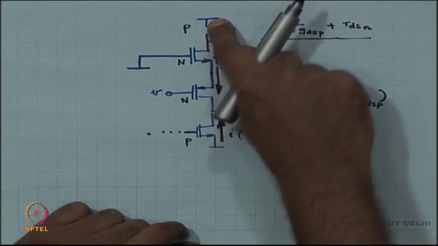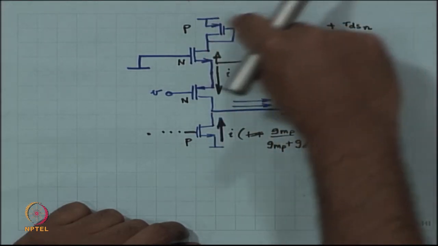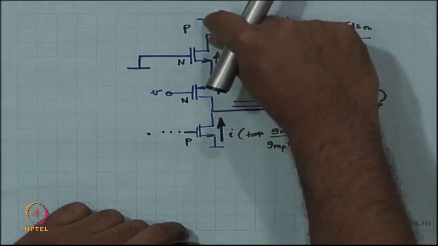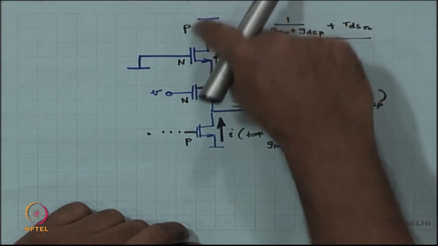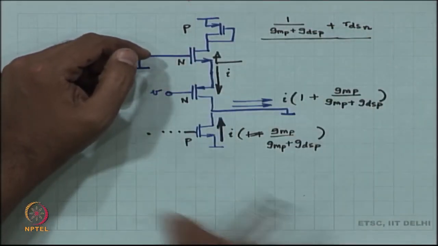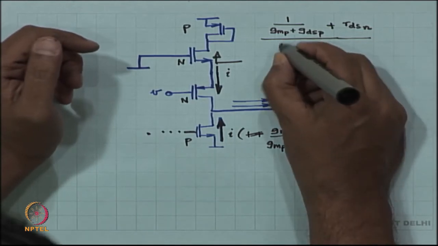I am looking in from the source to find the impedance: what is on the drain plus RDS N, divided by 1 plus the intrinsic gain.